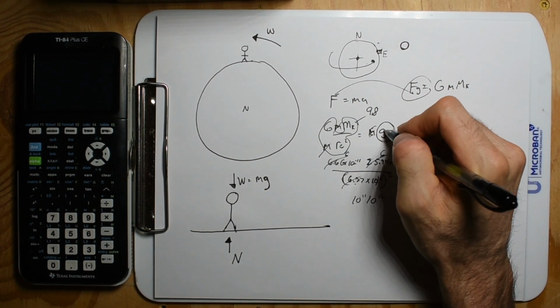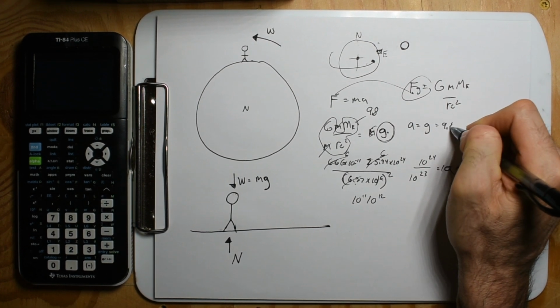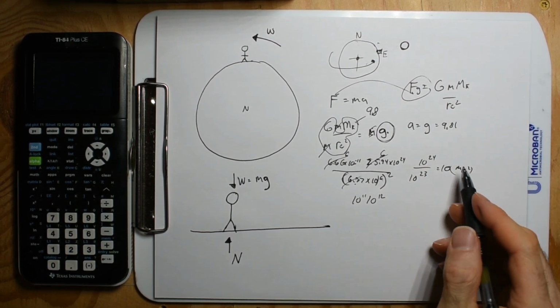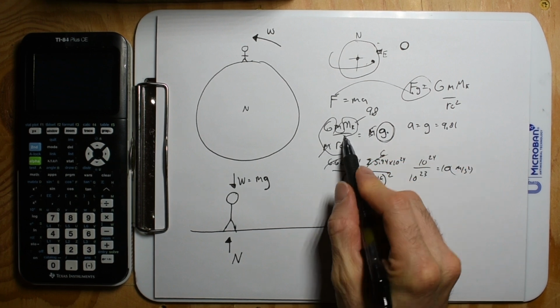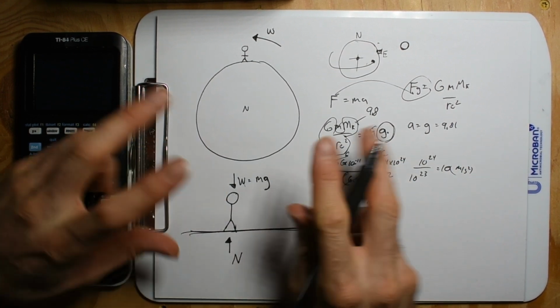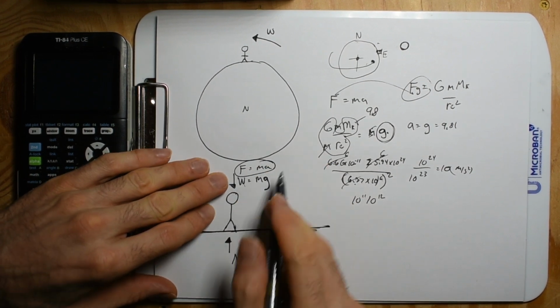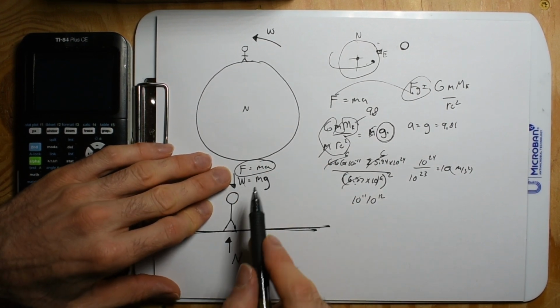And then they say, hey, this acceleration is the acceleration of gravity, 9.81. So then instead of doing that, they just say, hey, we know that, and we're near the surface of the Earth, so our weight force, this is like a mini version of F equals ma. Okay, cool.